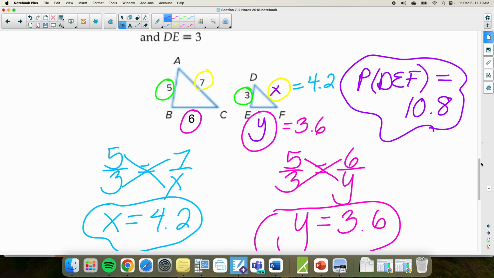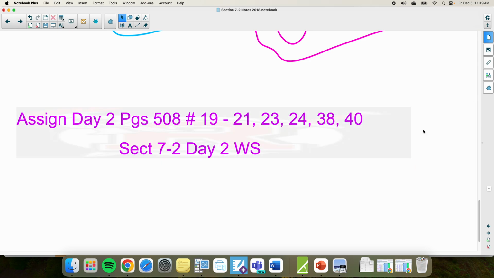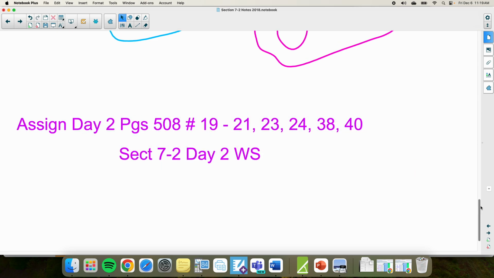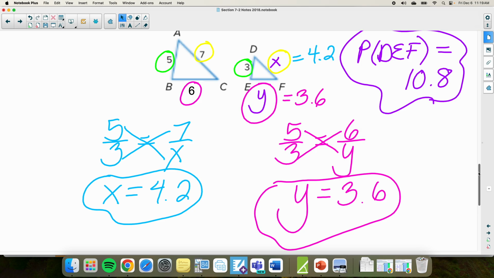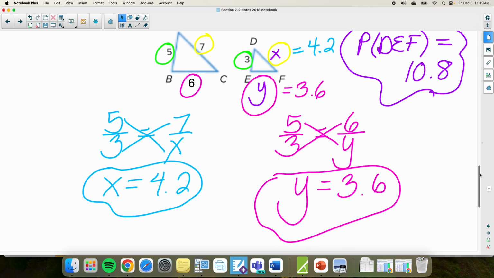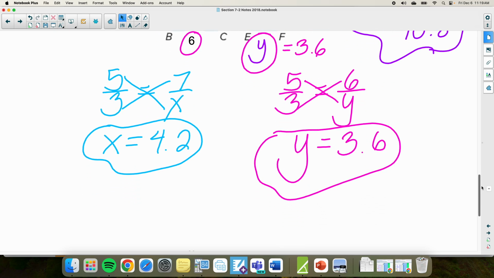Okay. So your assignment for Monday, I don't know anymore. Can you put what is the perimeter? It was 10.8. No, 11.8. No, 10.8, I'm sorry.